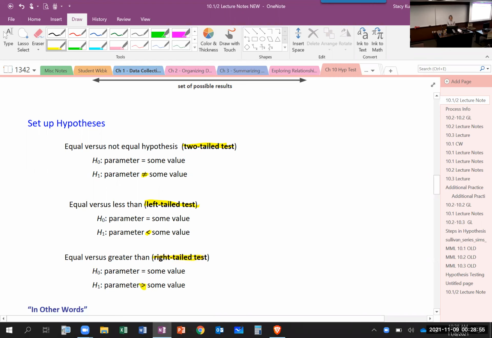The other thing I want you to notice is that every single one of these statements for the null is a statement of equality. No matter what test is run, we always assume the null is true, so it's always going to be a statement with an equal sign.